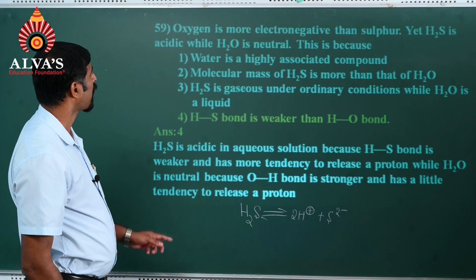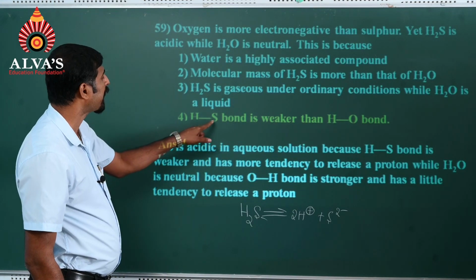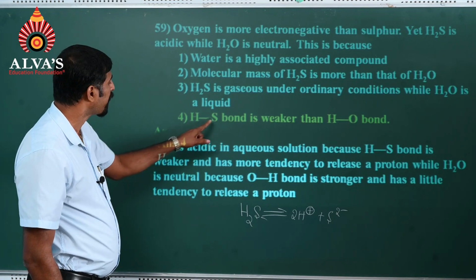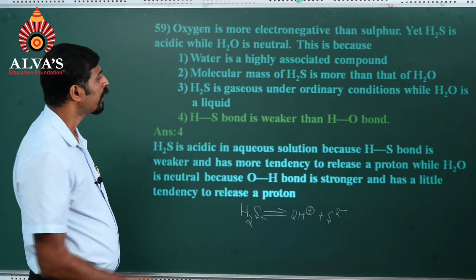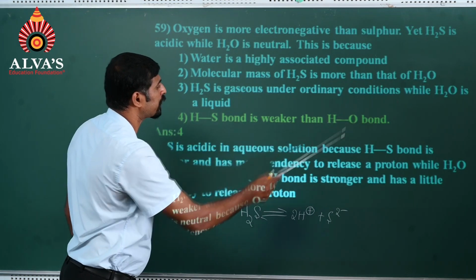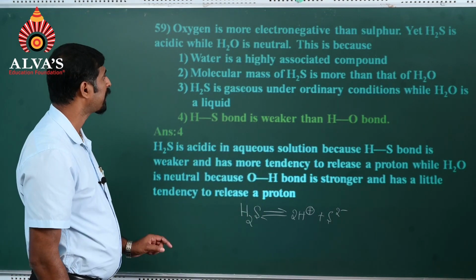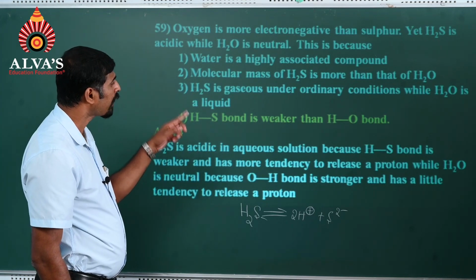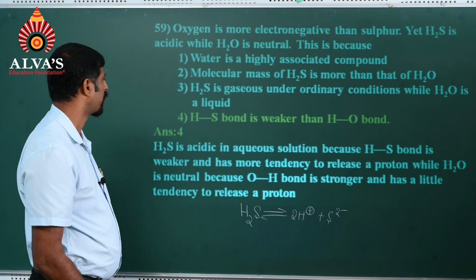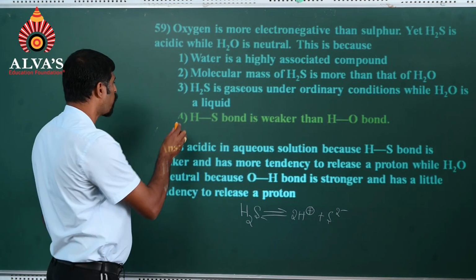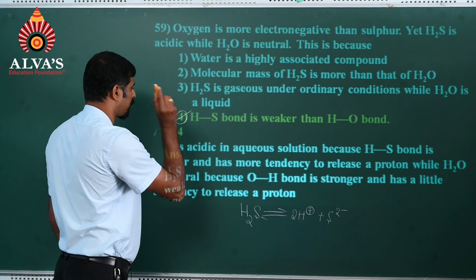Because the bond between hydrogen and sulfur is weaker, but in the case of water, the bond between hydrogen and oxygen is stronger, and that's why water will not undergo dissociation very easily, hence it is neutral in nature. Therefore option 4 is the right answer.